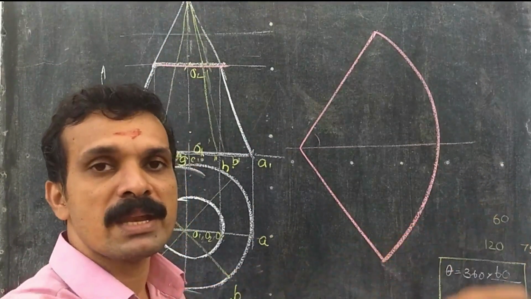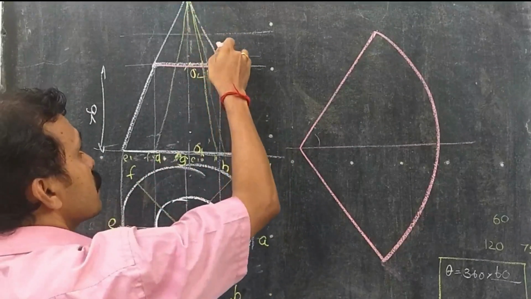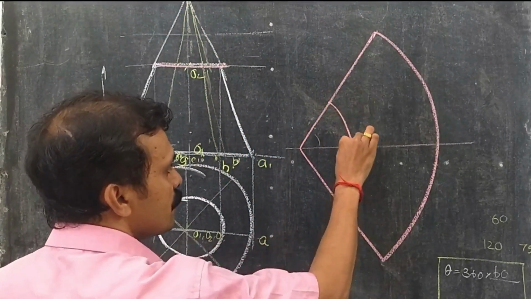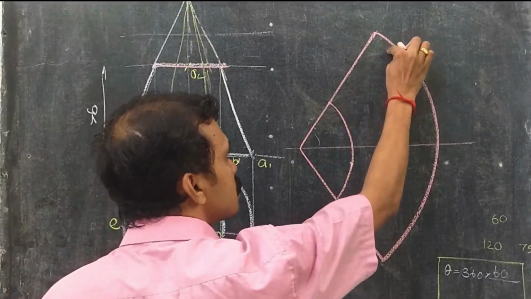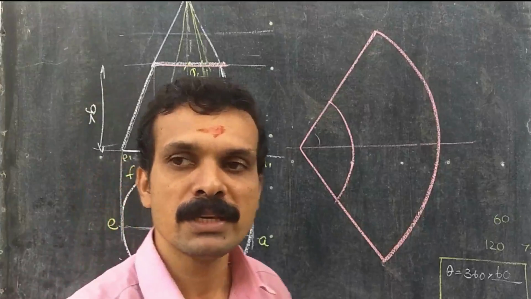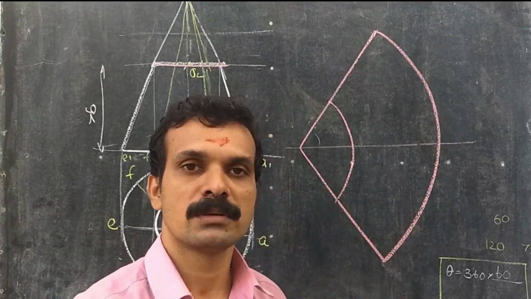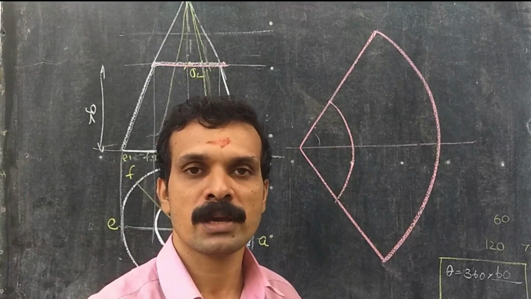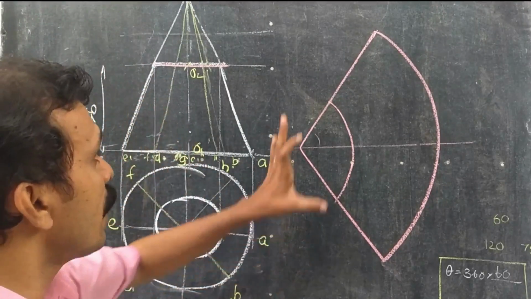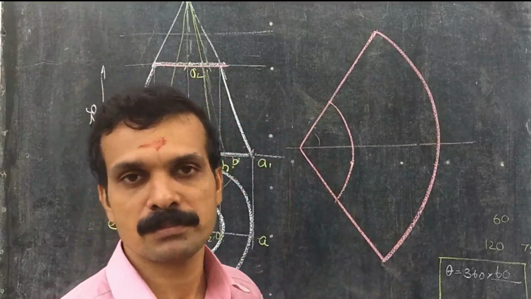So the intersection will be an arc having this much radius. So take this radius and draw an arc, which means this portion is the development of the frustum of this cone. I hope all of you have understood. Okay, so now we have completed the top view, front view and the development of the frustum.